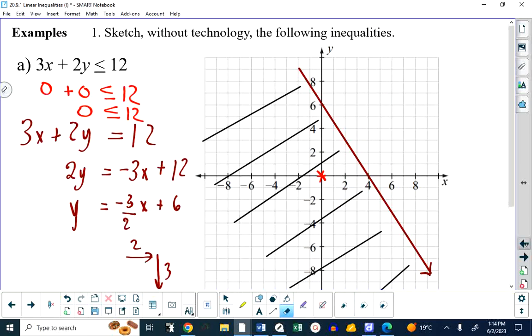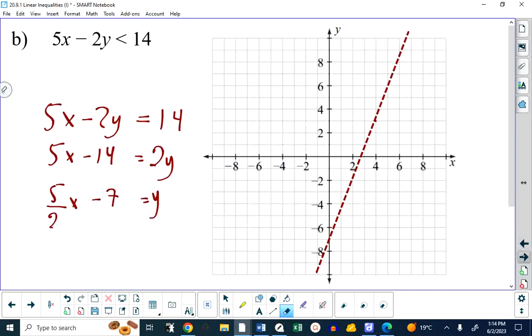How many of you, and don't lie, be honest with me, maybe knew that this would be shaded below because there's a less than in the equation? How many of you suspect that now? Okay. Keep that in mind. Let's pick a test point. I'm going to pick this one.